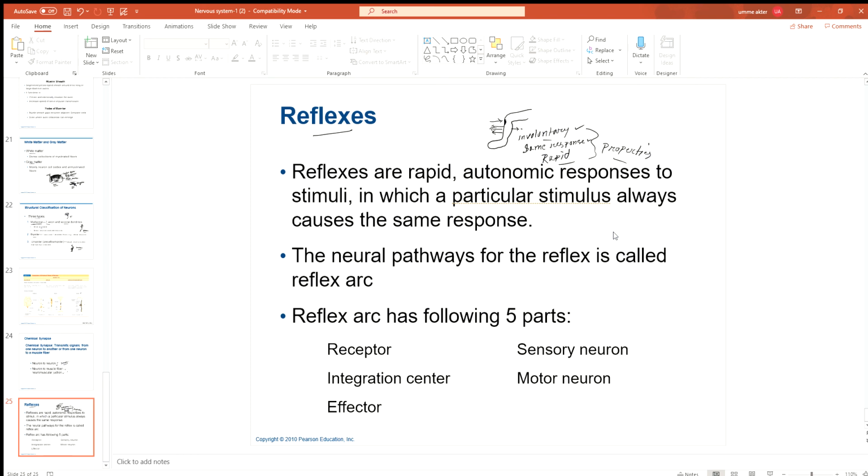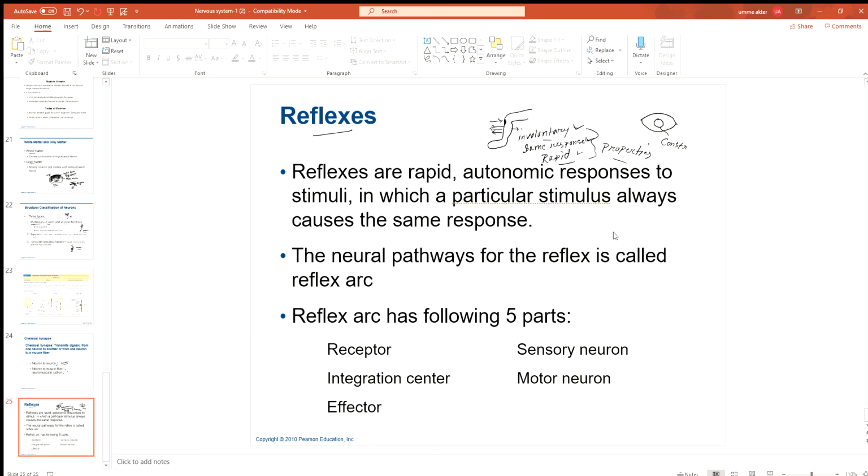Okay, to be a reflex, it must be autonomic. It must respond the same way every time and must be very rapid. Another good example of reflex is the pupillary reflex. You know the pupil of the eye. If I put a flashlight, the pupil constricts, right? And every time I put a flashlight, the pupil will constrict.